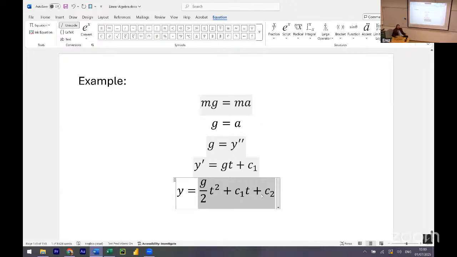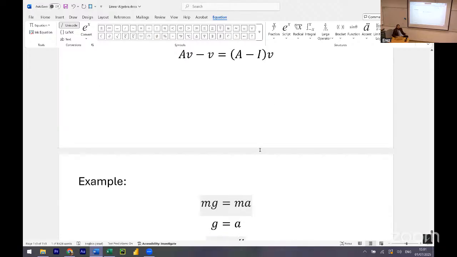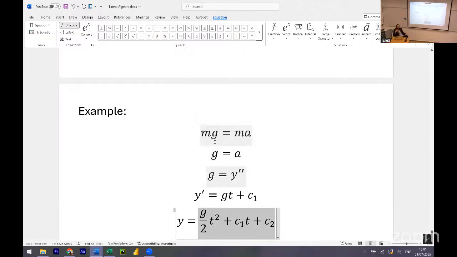which whoever learned physics knows is the equation for motion with constant acceleration. So my point is that after Newton invented his laws, in order to find the function of the motion or the placement, he needed to solve differential equations. And that's why he invented calculus to answer such questions.